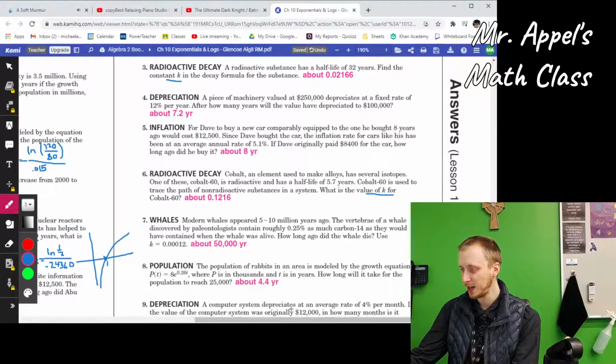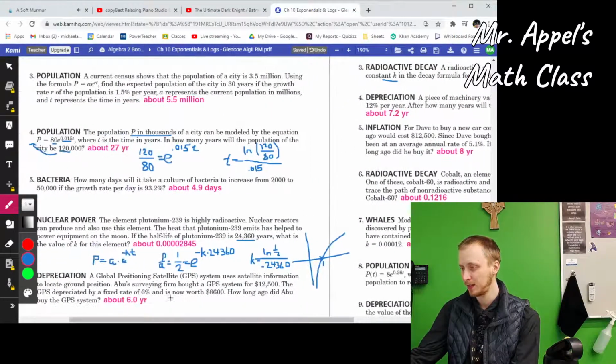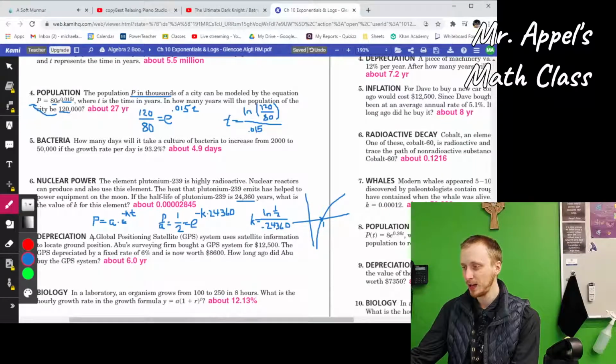Notice that every time I'm going to set up this same equation. I start with my basic continuous growth decay equation, or decay specifically, right, with a negative. I'm always looking for half-life. When will I get half the original amount? So it's just 1/2 equals e to the negative kt. Solve for k.